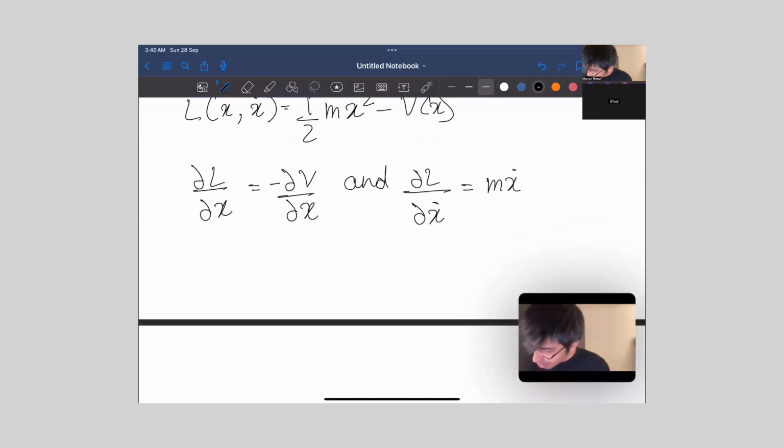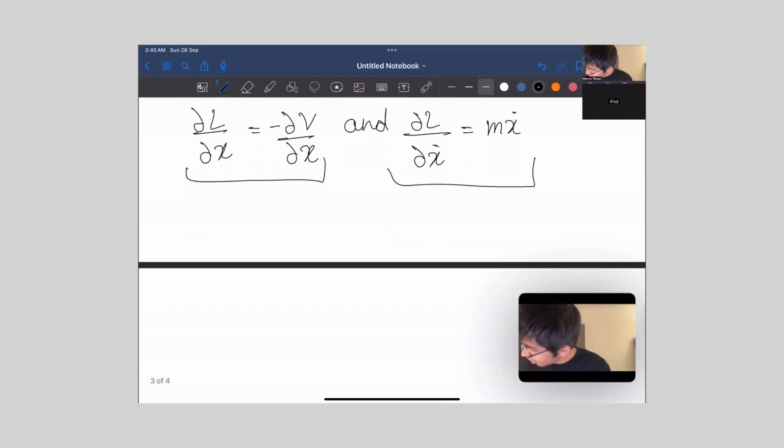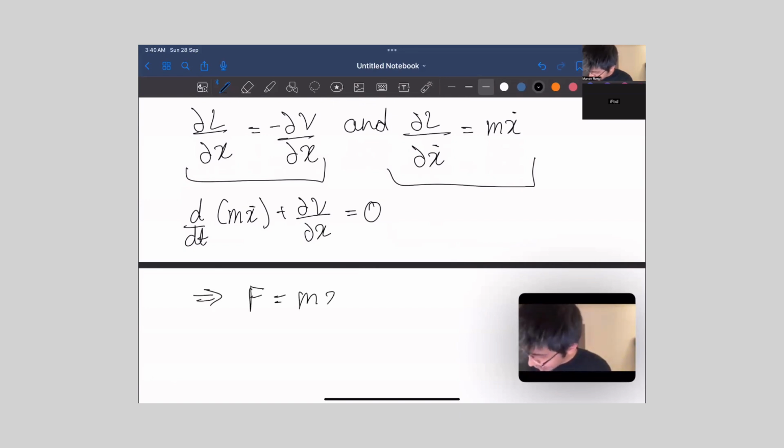Now, again, this looks familiar, but it's still not in its final form. So I can then write d by dt of m x dot plus dV by dx is equal to 0, which gives rise to F equals m x double dot. So we have arrived at Newton's second law.